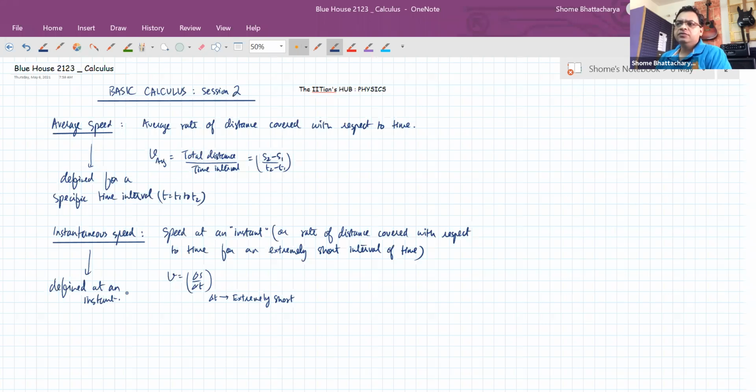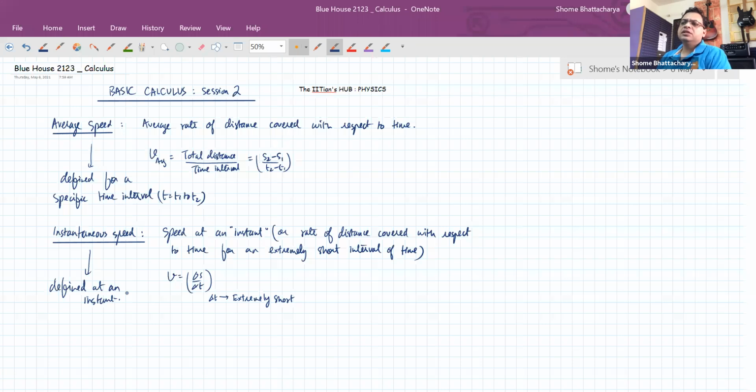But if an infrared sensor is measuring speed for a microsecond instead of a millisecond, it's able to calculate the distance covered in 1 microsecond as opposed to 1 millisecond, and then calculate the instantaneous speed using that. Then the infrared sensor using delta T as a microsecond is much, much more accurate compared to, let's say, a normal speed gun, which would measure it for a millisecond.